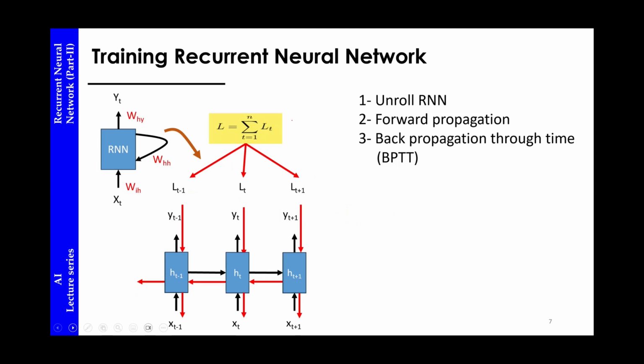Okay, moving from the loss toward the parameters and calculating the partial derivatives. All of our weights should be updated. We have weights WHY here, WHH here, which connects the hidden states, and WIH.